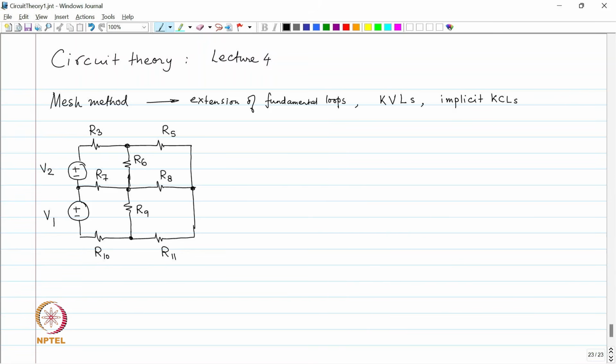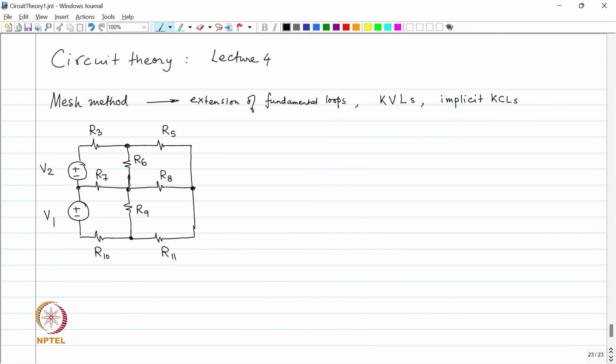Okay. So, consider this circuit, quite horrible. How many branches, how many nodes are there? I have numbered the branches, right. V1, V2, R1, R2, V1, V2, R3, R4, R5.